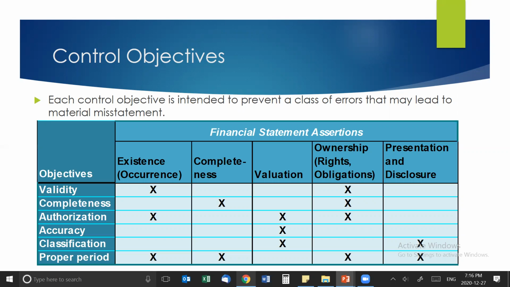So the first one, validity, is checking to make sure that the transactions are valid. Okay? So it's kind of like existence. It also covers ownership. Completeness is making sure that the transactions are complete, nothing's missing. Authorization is making sure that the person has authorization to complete the transactions, or there are approvals and such in place.